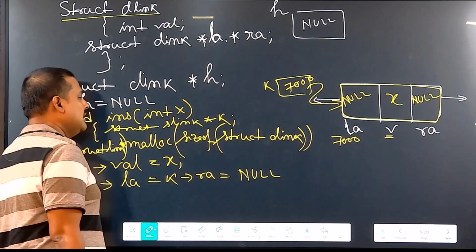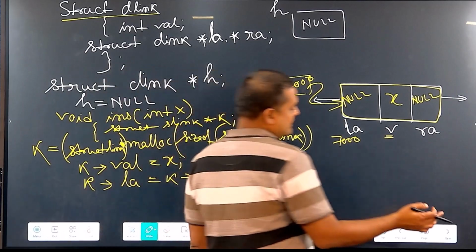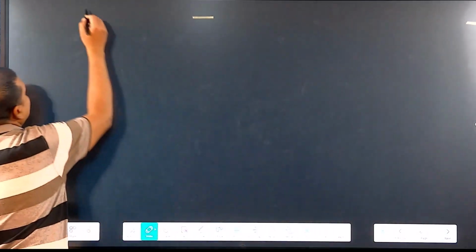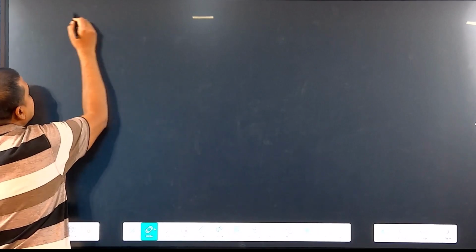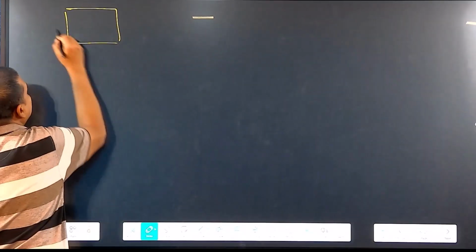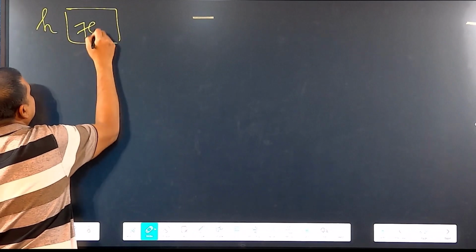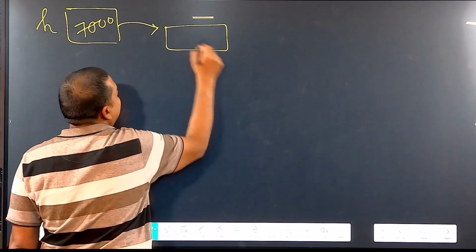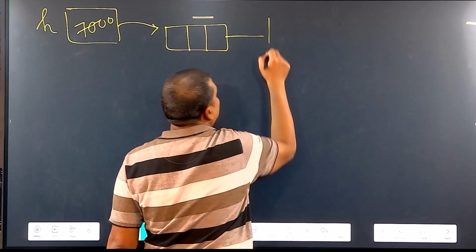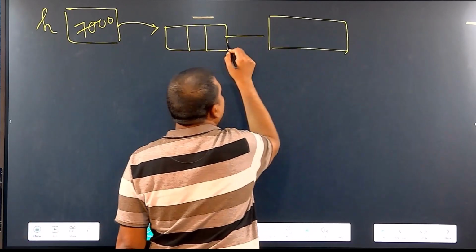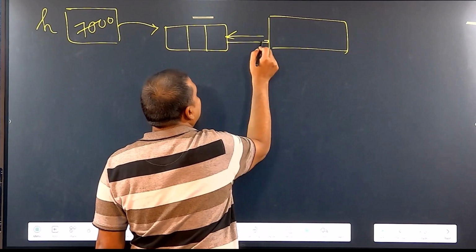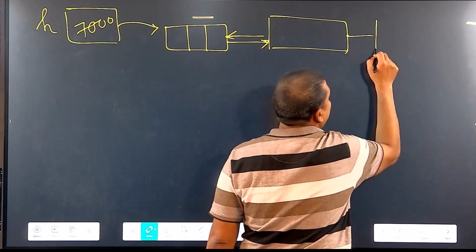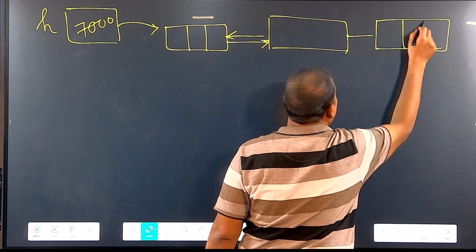Now, think about the scenario, the same way as in our single linked list, we have this as our head, having 7000, and it is pointing to some memory and having double links. How is the double link created? By help of these values. Okay.